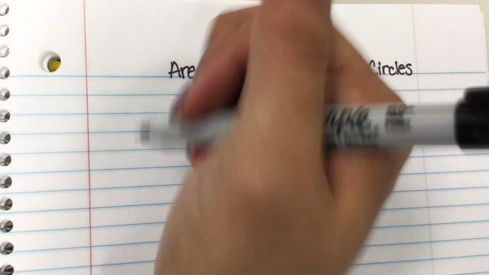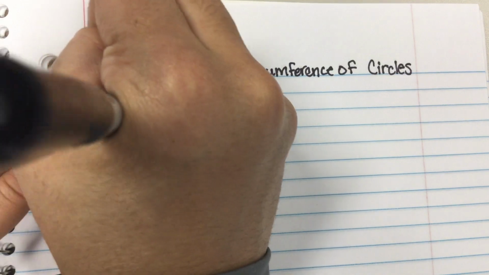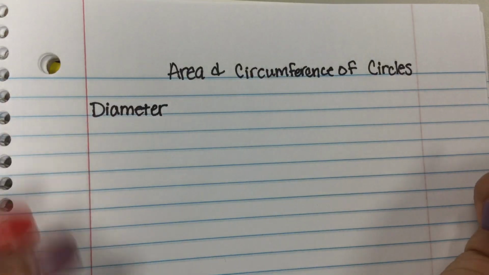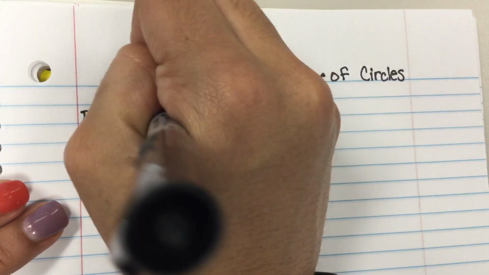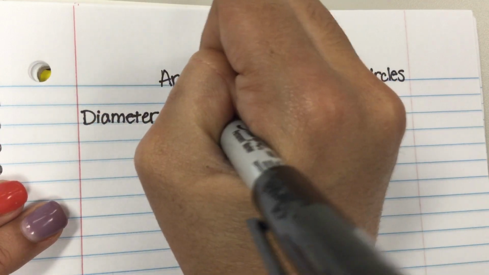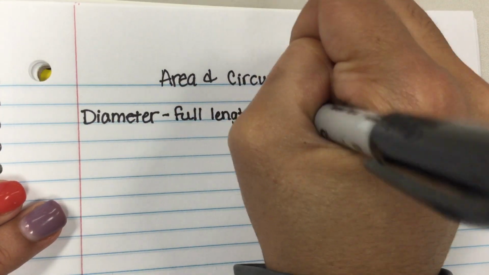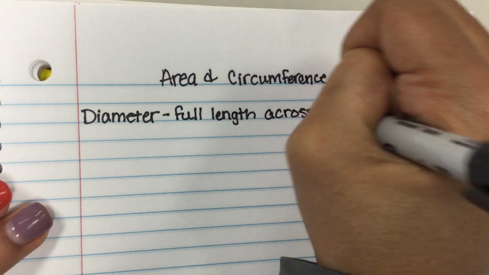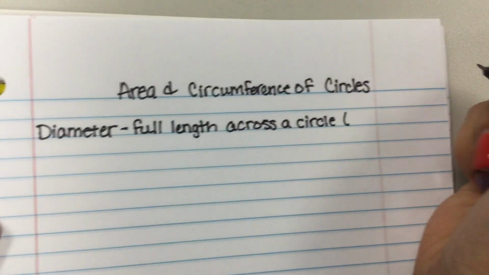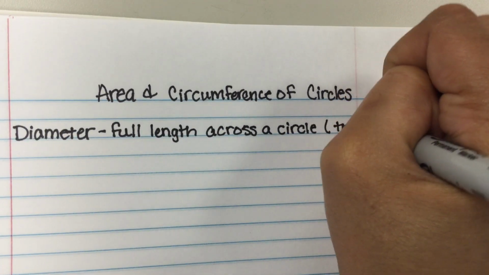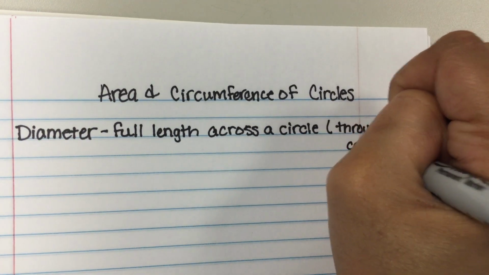First off, we're going to talk about the diameter of a circle, and this is the full length across a circle, through the middle, or through the center of the circle.